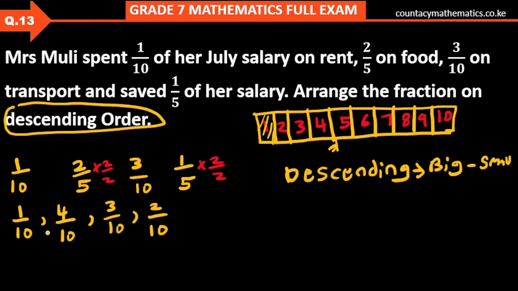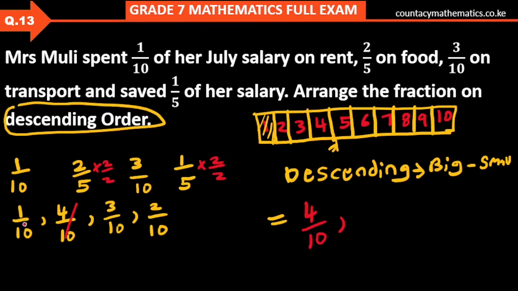So which among these numbers do you think is the largest, between 1 over 10, 4 over 10, 3 over 10, and 2 over 10? Definitely, I hope your guess is correct, because it is 4 over 10. So we pick 4 over 10 and mark that we've already picked it, to make the work easier as we move on.